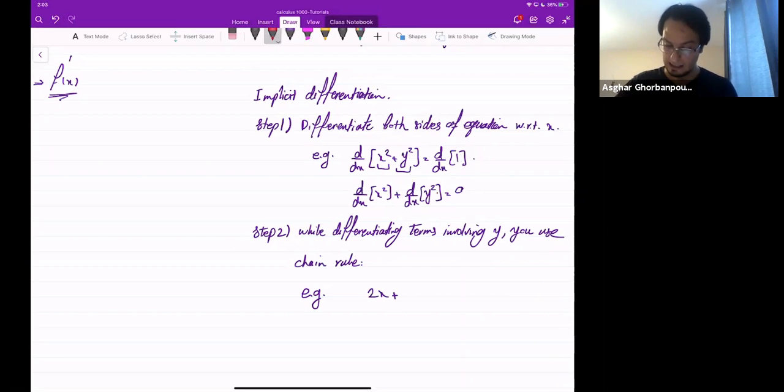This is a different variable than that. So what you do here, since we already know that y is a function of x, is you apply the chain rule, or in this specific case, the generalized power rule. The derivative of y squared is not 2y, it is 2y y prime.